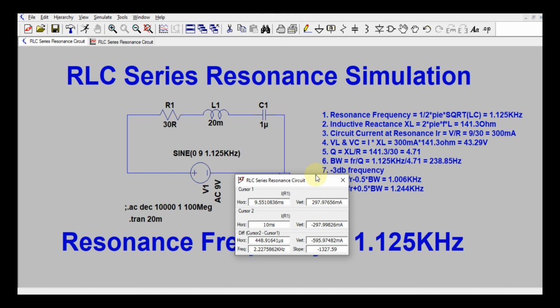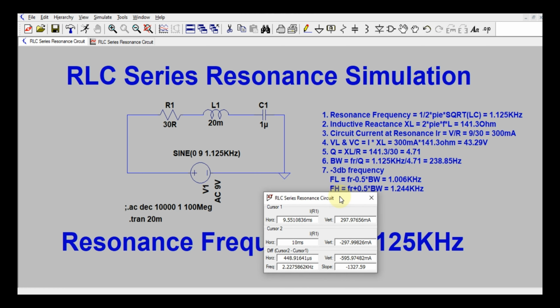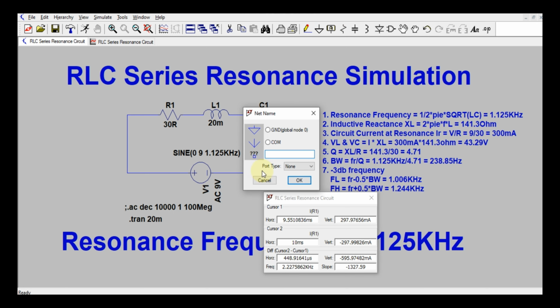Now let us check the voltage across the inductor and the voltage across the capacitor. To check these, you have to just put some labels here. So just add a label.